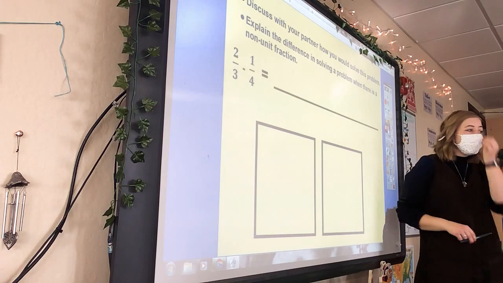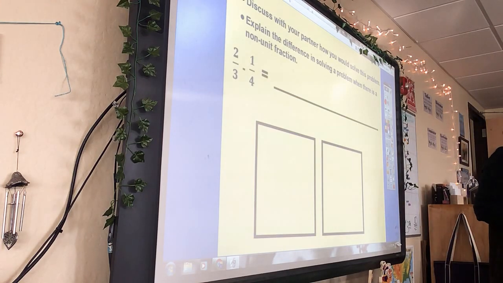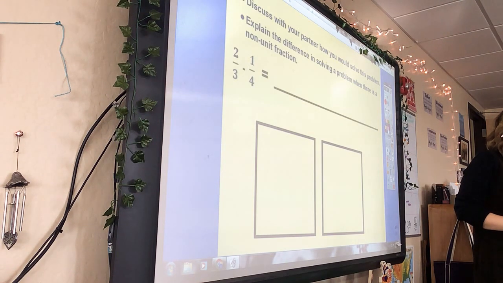Cool. Can you guys try this one with your elbow partner? Yes? No? Yeah, maybe so. Okay. Cool. Yes, Charlie? Not yet. Back. Put the other way. All I asked you was, can you try this with your elbow partner? Did I say on your whiteboard, anything like that? No. Yes, Lily. How you always do it with your elbow partner?